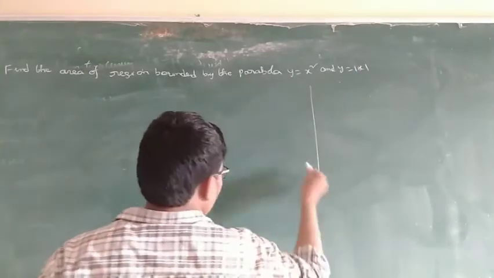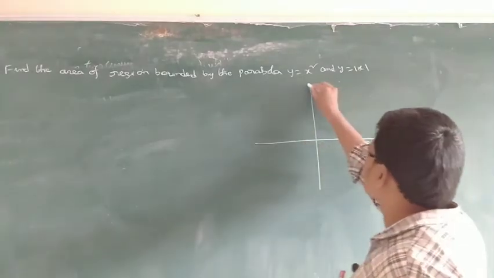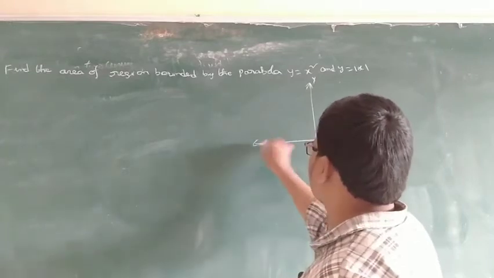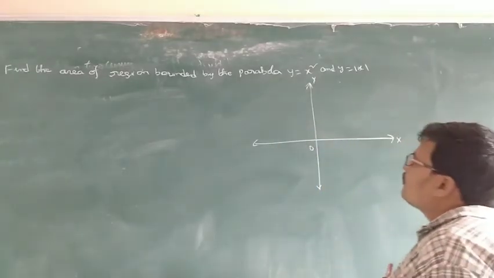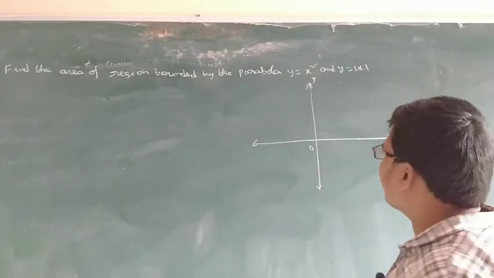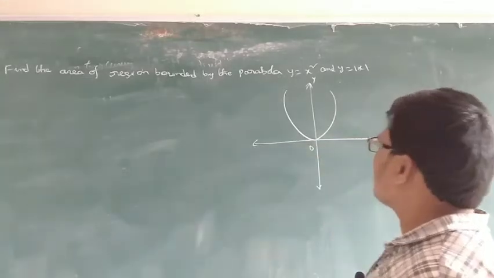So y is equal to x square is of the form x square is equal to 4ay. Which parabola? This type of parabola.